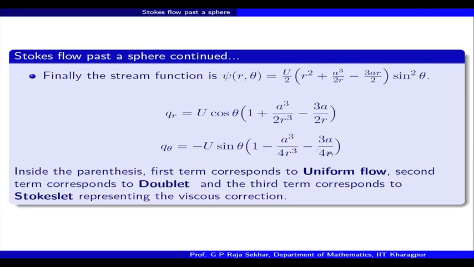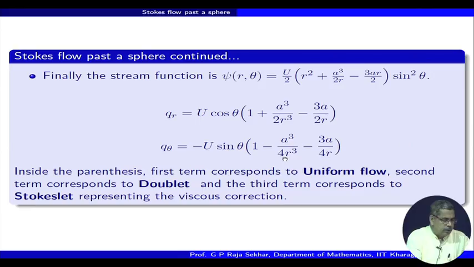So, if you take at some point r equals to some a, okay, a singularity, and solve the Stokes equations, the corresponding solution is the Stokeslet, and higher order singularities can also be classified. So, we discuss that in a coming lecture. So, this is a Stokeslet and this is a doublet. Okay. So, for the time being this much information is enough.